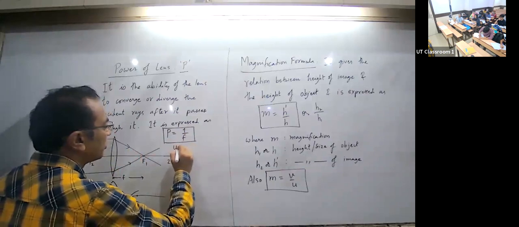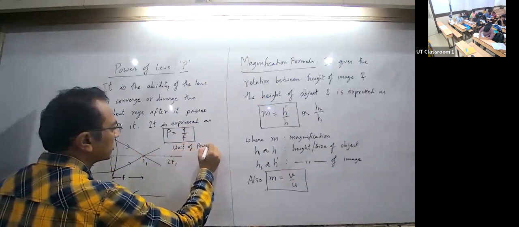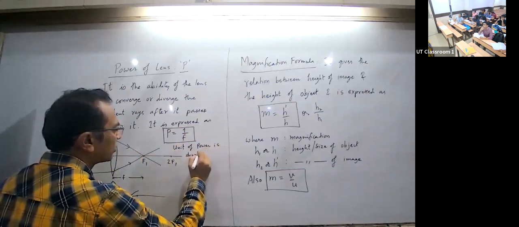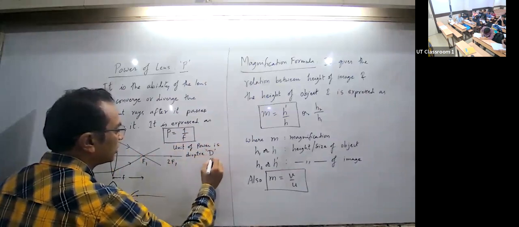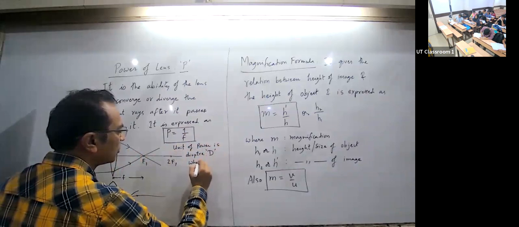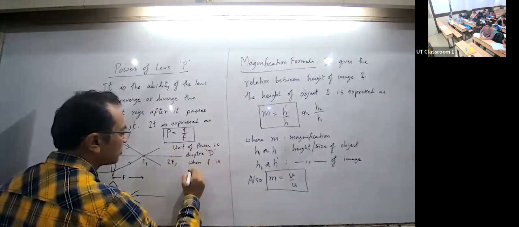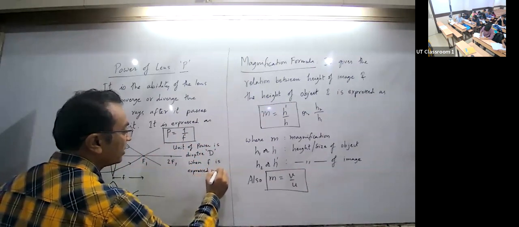So the unit of power is diopter, capital D, when f is expressed in meter.